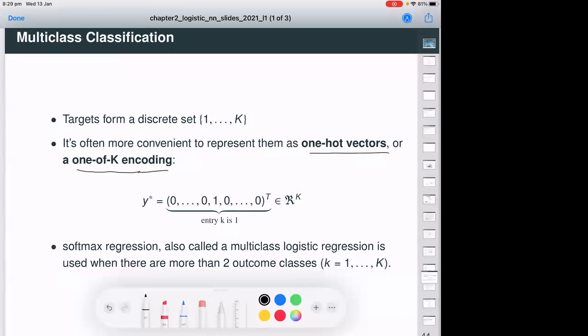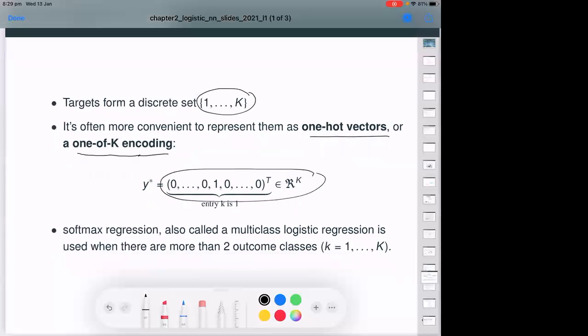Your outcome is a class, a discrete set from 1 to K, but in practice, in our algorithm to do the optimization problem, we need to code it with this one-hot vector, which gives a 1 for the entry K. So keep this in mind. And now the softmax.